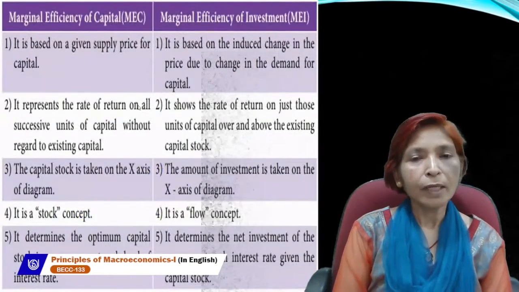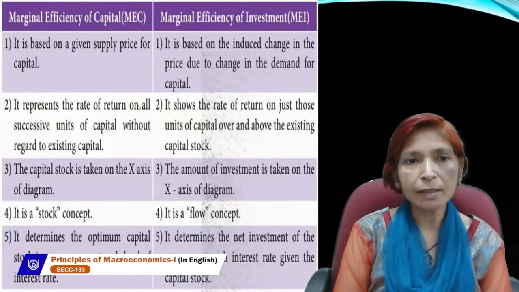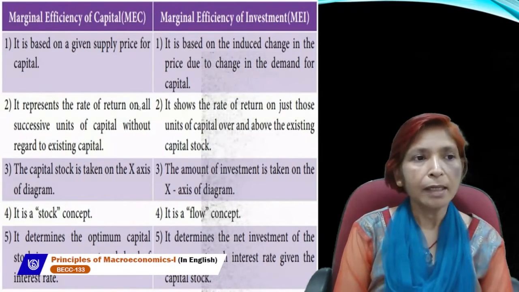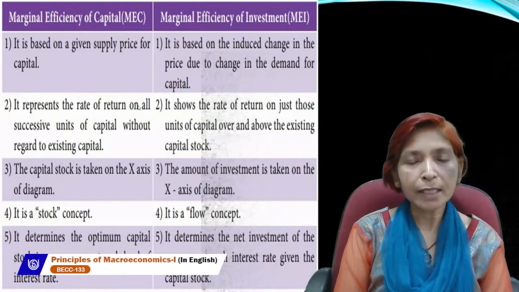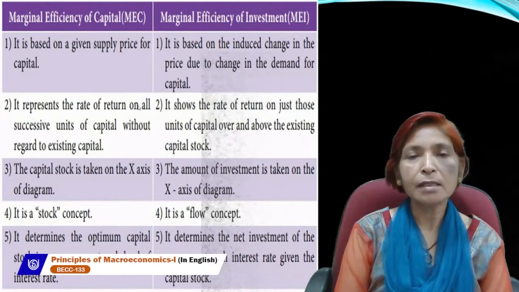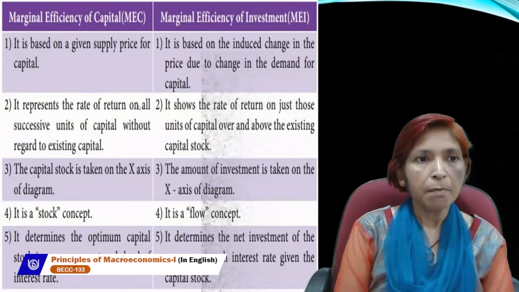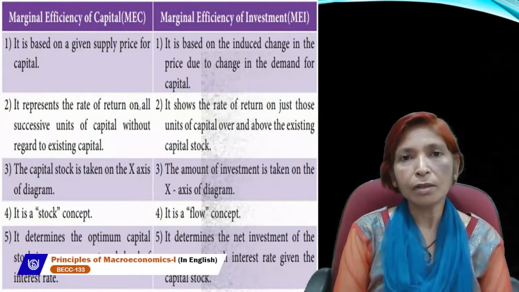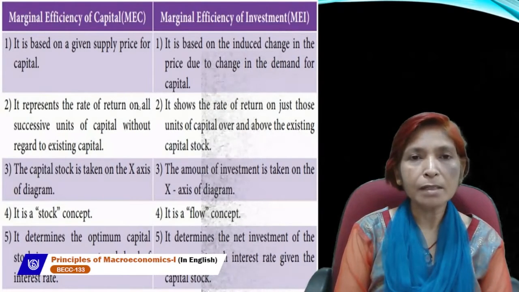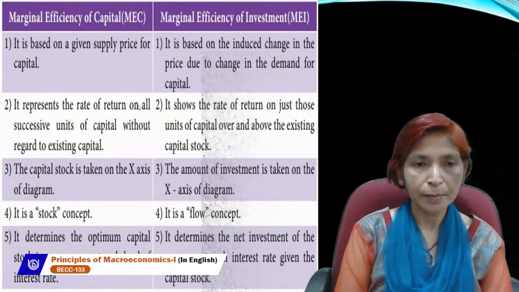Next, what is the difference between marginal efficiency of capital and marginal efficiency of investment? In short, MEC and MEI, what is the basic difference between these two concepts? Marginal efficiency of capital is based on a given supply price of the capital asset.